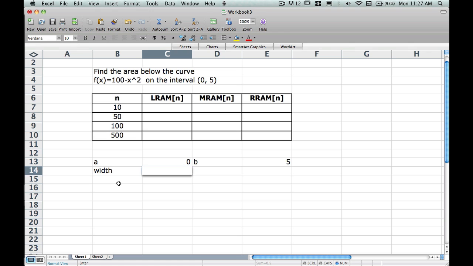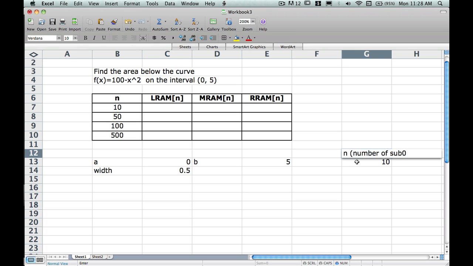And then for this width, I'm going to put that this width equals this number minus this number divided by the number of subintervals that I want, which I don't have to type in. I could call it this cell right here, and I'll put 10 here and label it as n, number of subintervals.